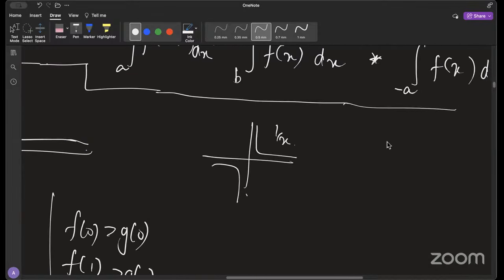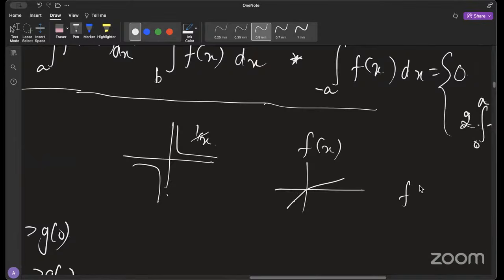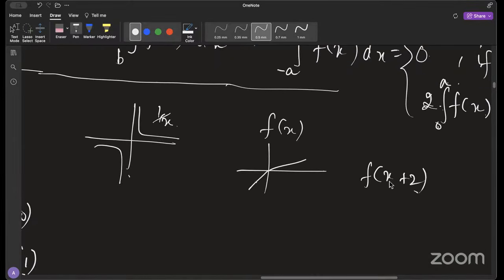We've already done this thing. This is just like shifting origins. If you have f(x) and it looks like this, then for f(x minus 2), x got shifted 2 units to the right side.